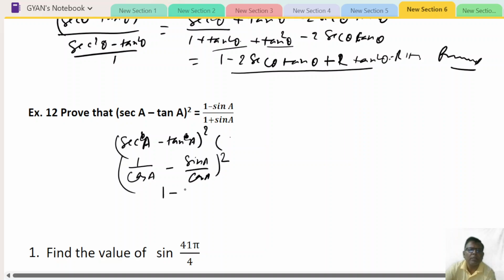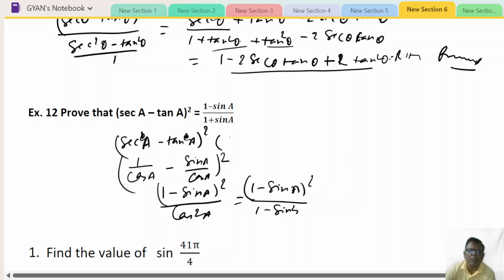So that is (1 minus sin A) square divided by cos square A. So now (1 minus sin A) square divided by 1 minus sin square A. So (1 minus sin A) square divided by (1 minus sin A) into (1 plus sin A).